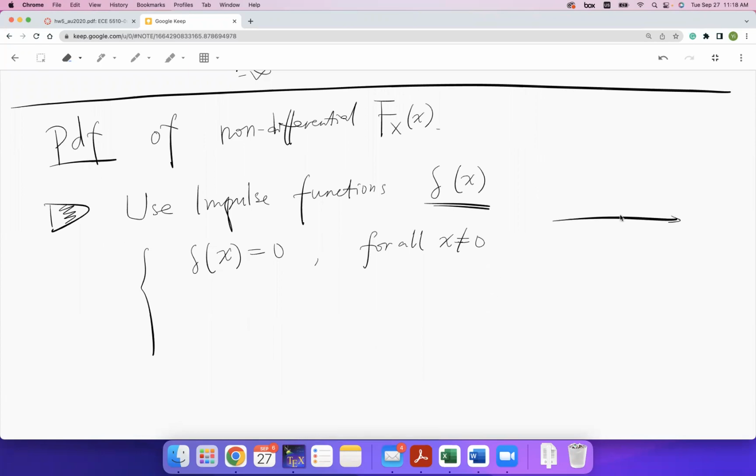Intuitively, it is an impulse at the origin, and it's 0 everywhere else. The other property is that the integration of this impulse function is 1.